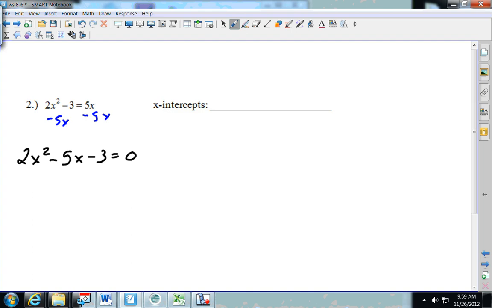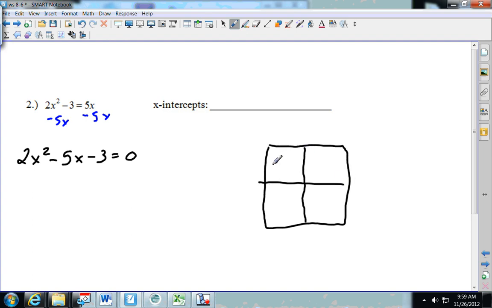No, there is not. So I can go ahead and make my box. And in the upper left-hand corner goes 2x squared, bottom right, negative 3, something x, something x.